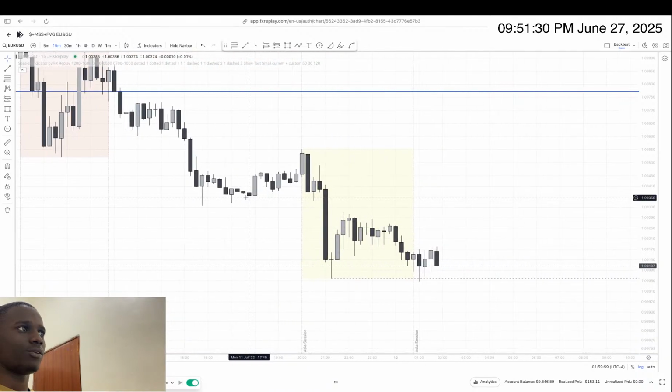But so far I can notice some highs taken out before Asia starts, creates this nice gap here, and this shifts and then it starts to respect it.